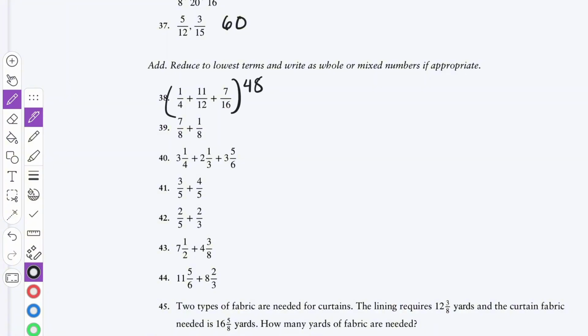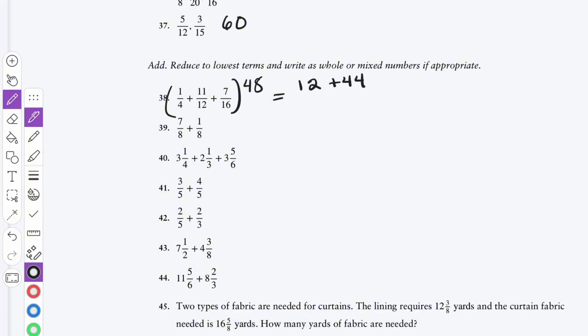And so 48 divided by 4 is 12, right? So let's see, 12 times 1 is 12, right? And then 48 divided by 12 is 4. So 4 times 11 is 44.